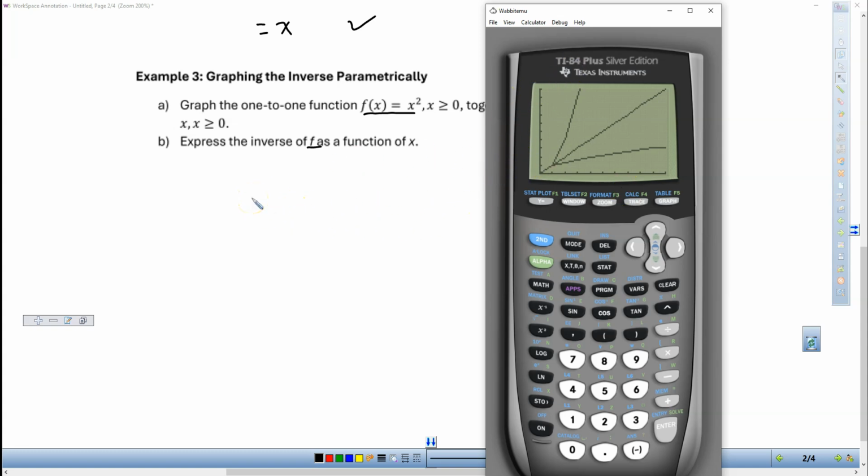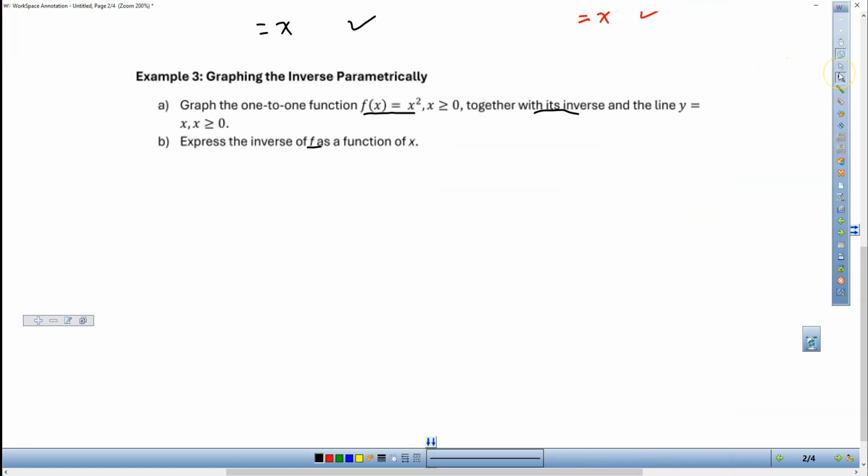But what we want to do after we've done this is find our formula for the inverse function. And how can we find a formula for the inverse of this function? Well, the way we can go about doing this is we want to solve for x in terms of y. So let's start with our original function, y equals x squared. So that is our original. So we want to rewrite this.